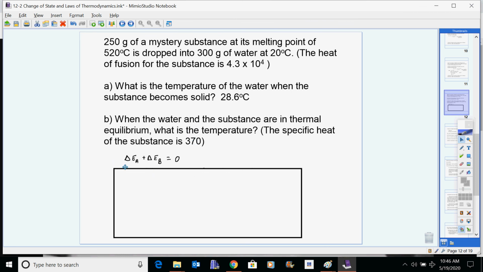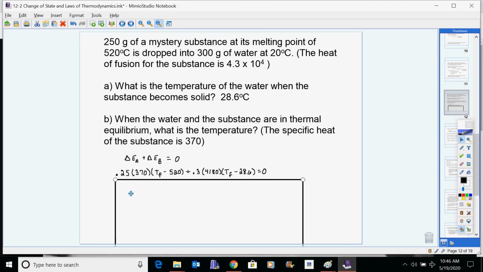So when I do mc delta T here, here's my mystery substance. C, the specific heat of the substance, you have to be given that somewhere, either from a table or I just gave it to you, is 370. The final temperature minus the starting temperature.